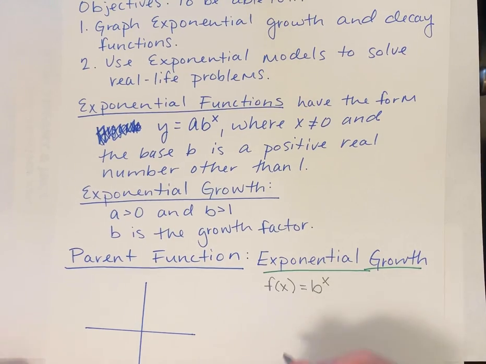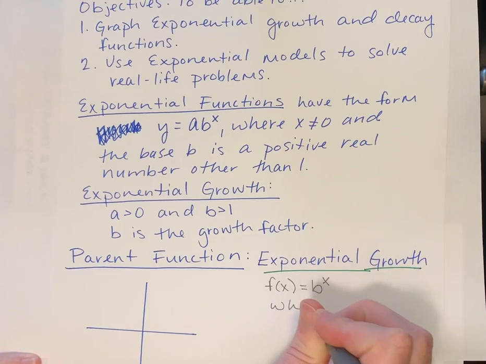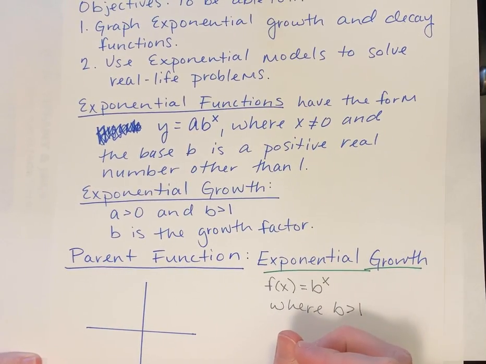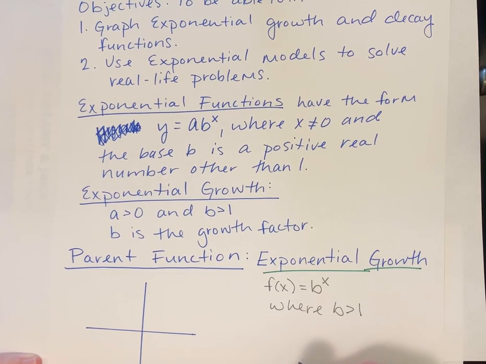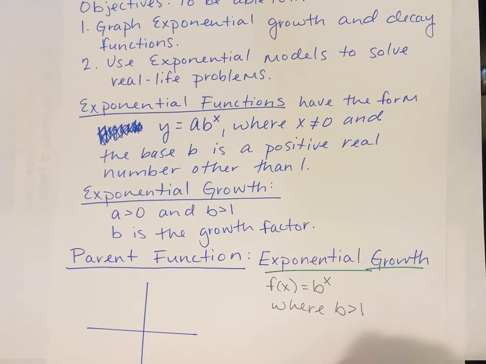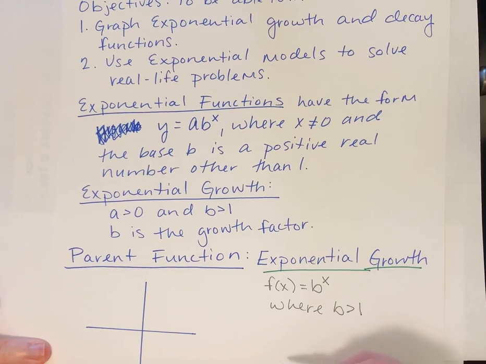And here, because it's exponential growth, we're looking at where b is greater than 1. I'm just going to tell you some characteristics of exponential growth functions, and then we're going to actually graph it. So b is greater than 1.